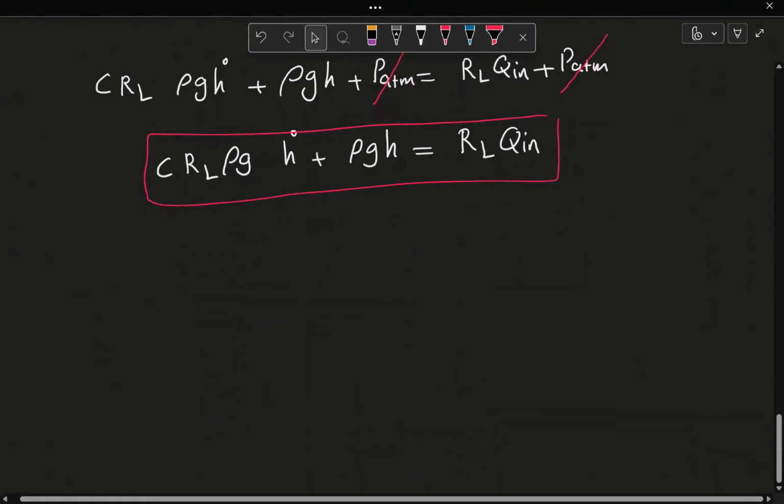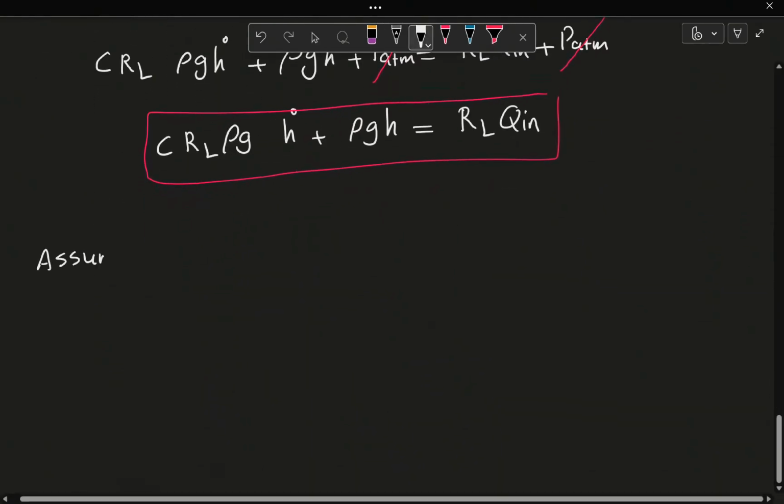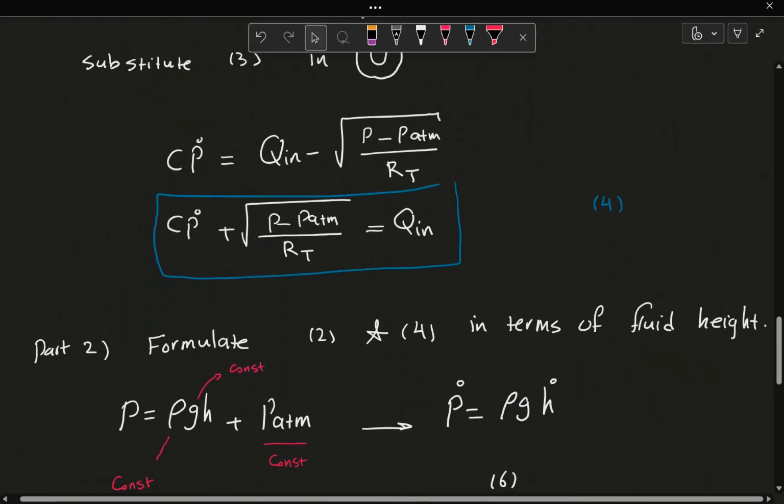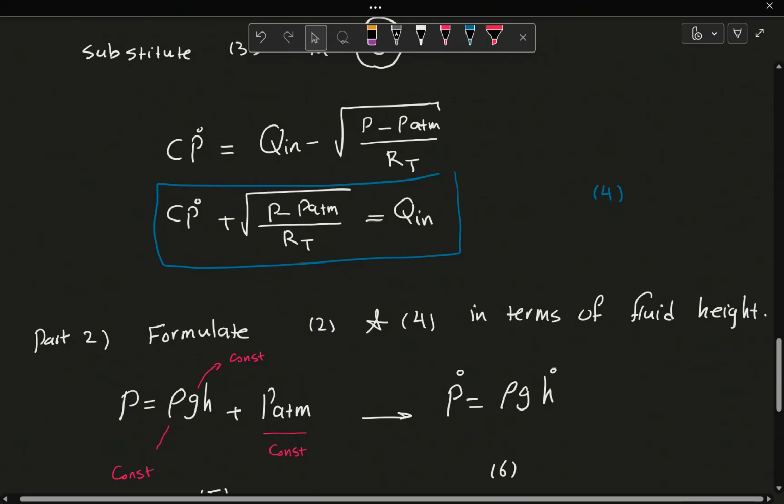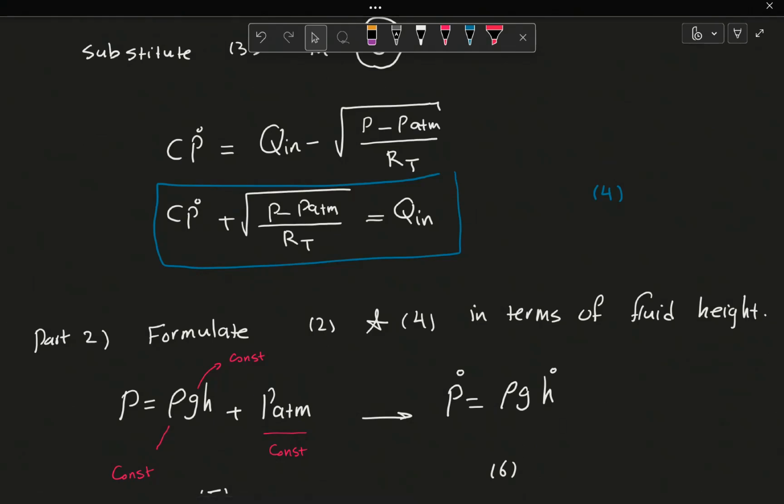So assuming turbulent flow across the valve, the only thing that you need to do is go back to equation 4. And in this equation, you are going to substitute P dot and P.